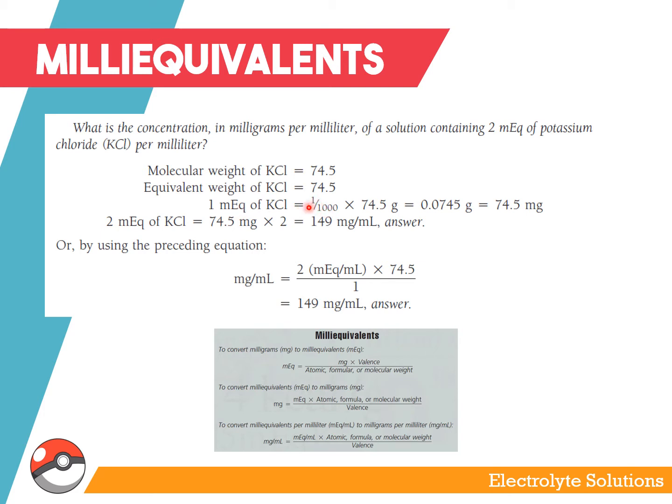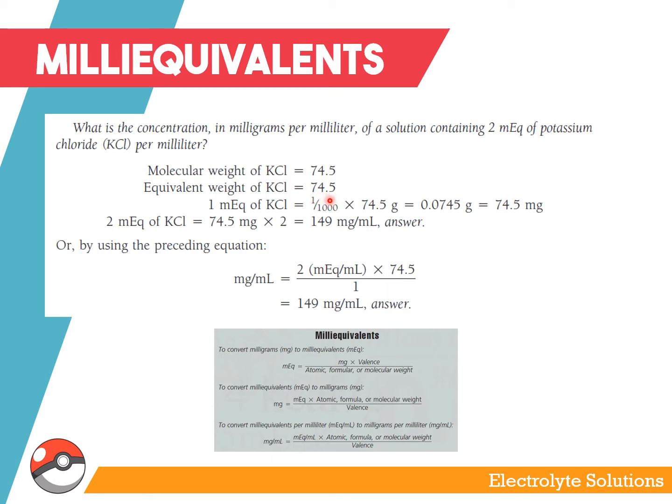The 1 here is the valence, and we got this by determining the oxidation state or the oxidation number of potassium. Potassium has an oxidation number of positive 1, therefore you will use 1 as the valence.